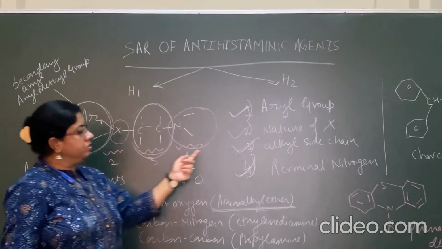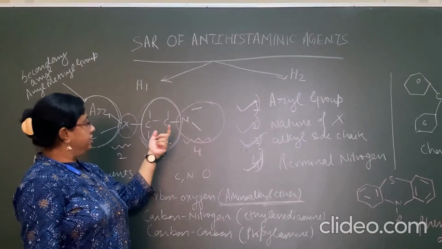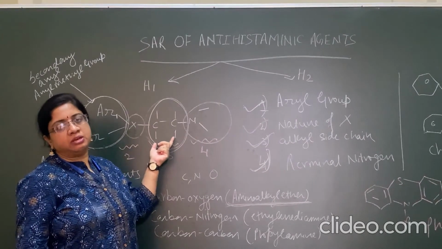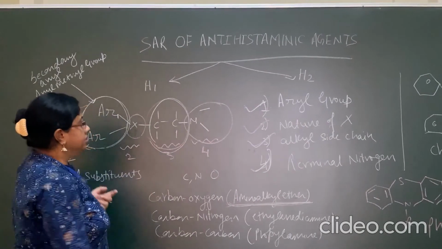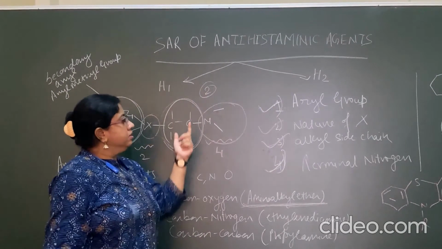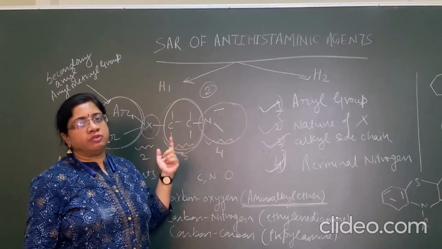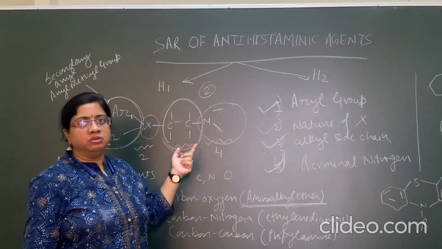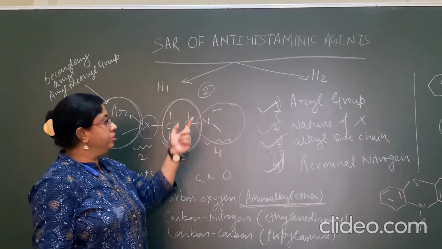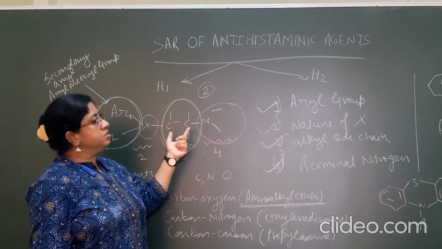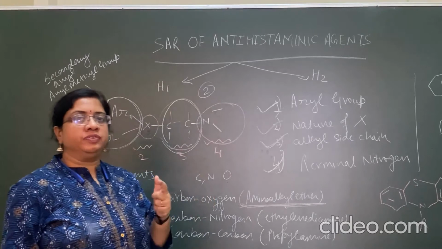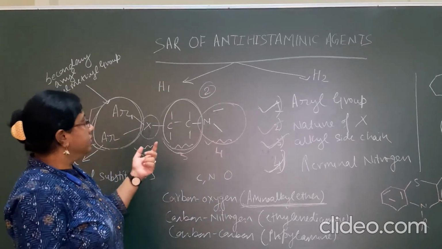Now we will move to the alkyl side chain. Here we see the number of carbon atoms present in the skeletal structure of H1 receptor antagonist. Here we see the structure, the carbon number is 2. For optimal activity, the minimum carbon number required is 2 for H1 receptor antagonistic activity. We have to remember this point because in H2 the number of carbon atoms will be 4. In H1 the number of carbon atoms is 2.